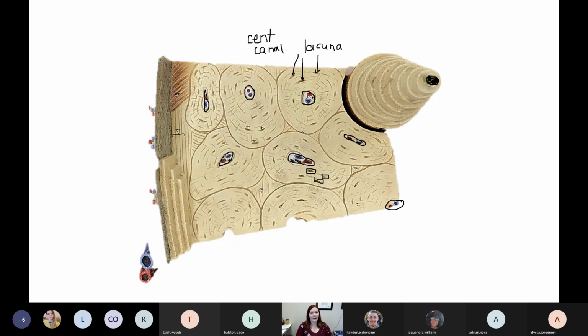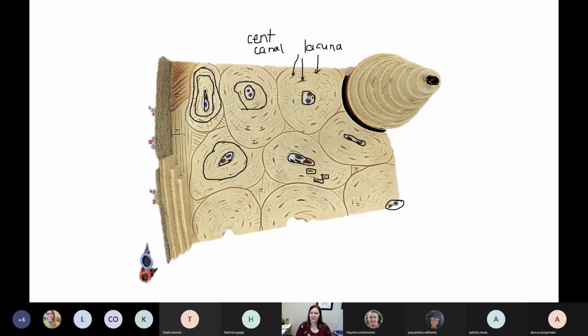So we have to get a little bit creative here to see them on our model. So see how I've got the spot here? I'm going to make a little circle around my central canal. That's one lamella. And then I've got another line of cells that are right here. That's another lamella. Anywhere where we see these dark brown spots in a circle, those circles are lamellae.